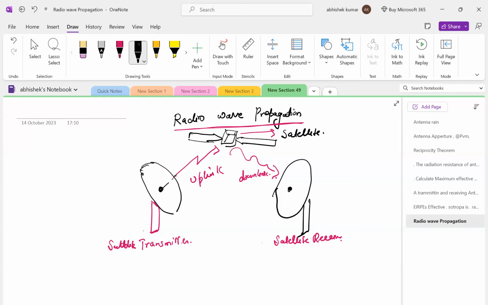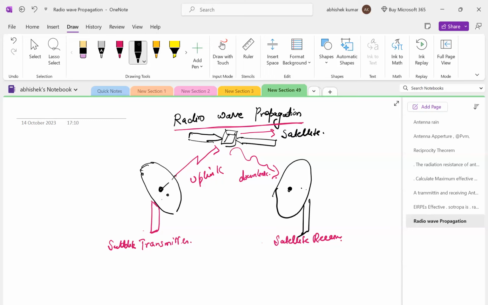This is the way we communicate in satellite communication. If I want to communicate between two places, we send the signal to the satellite, and the satellite resends the signal to the receiver. In this way satellite communication happens.